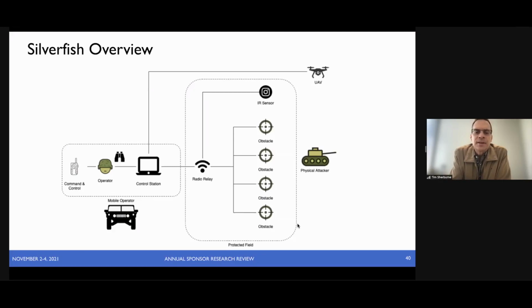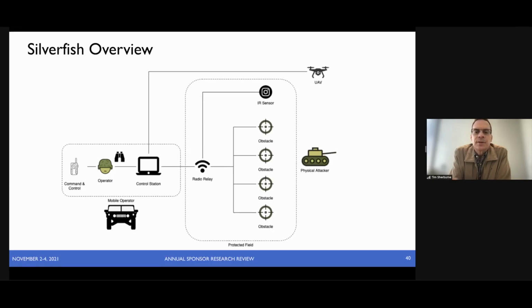And the idea is that they have a set of munitions on them that can be controlled by a mobile operator that has a control station that can fire these weapons, basically to protect a ground area against physical attackers.